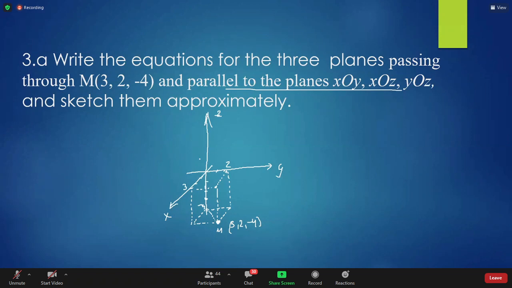And now understanding the three planes. If we want to see the plane that is parallel to the xy plane, see, the xy plane is the horizontal plane, the one that we see as the floor of the whole situation.